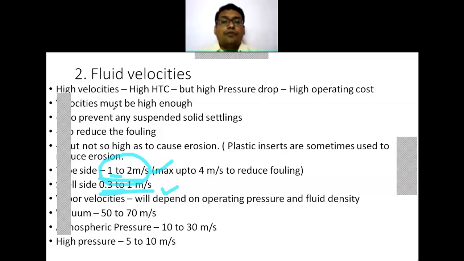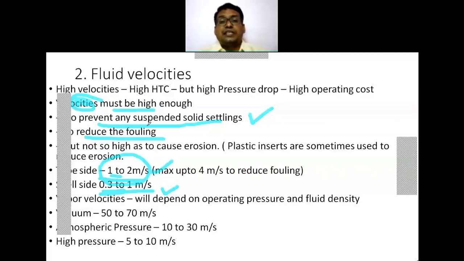Then the velocity must be high enough to prevent any suspended solids from settling. That means the fouling should not take place. Fouling can be reduced or minimized with the proper selection of the velocity, preventing suspended solids from settling, but not so high as to cause erosion.